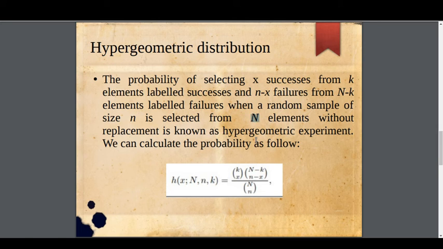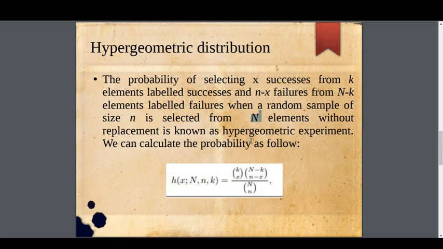From the set capitalized N, we are going to take a sample of n elements, and we would like to calculate the probability to get x elements from the subset K and n minus x elements from the subset capitalized N minus K within this sample of n elements.